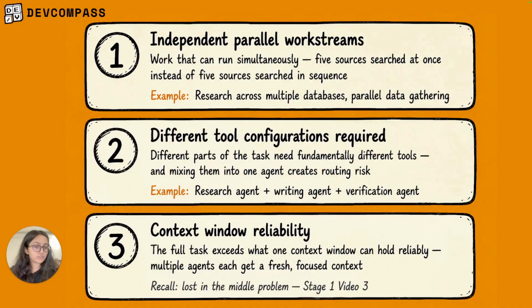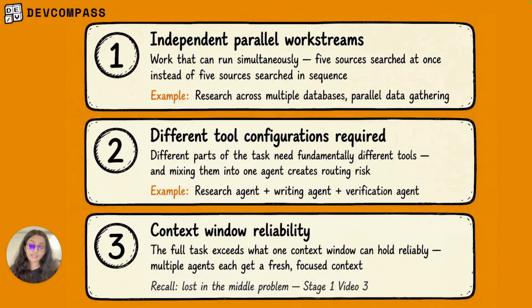A verification sub-agent needs fact-checking tools. You could give one agent all of those tools, but you have now created an agent with an enormous tool list, which has increased the chance of misrouting and eliminated the entire blast radius protection that we discussed in stage 2. Separate agents with separate tool sets is the cleaner, safer design. So, you know what to do.